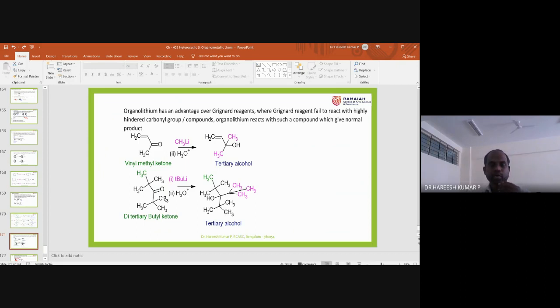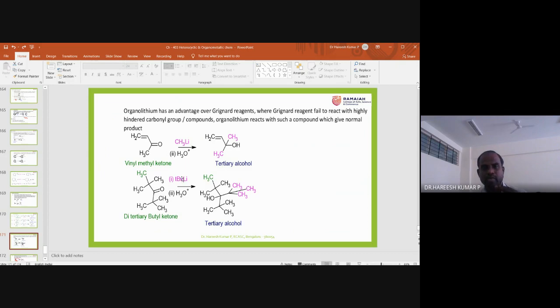Whereas butyl lithium, lithium is small in size, so it can reach here. That is the reason butyl lithium is more reactive compared to the Grignard reagent in the case of hindered ketones. That's what you have to mention.